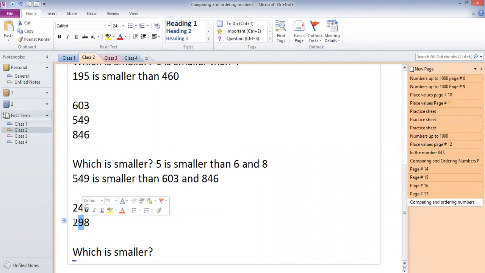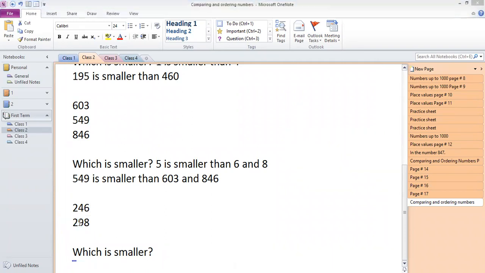200, 200, same. Now you will compare the tens, 4 and 9. So guys, 4 is smaller or 9 is smaller? Tell me first, 4 is smaller or 9 is smaller? 4. 4, very good.